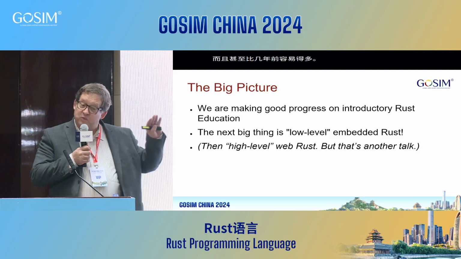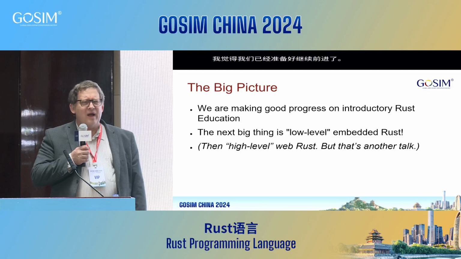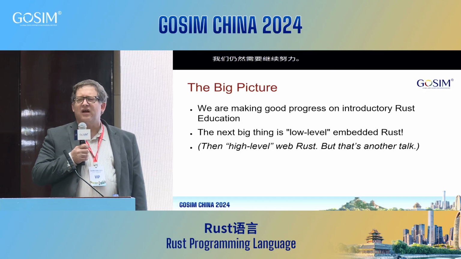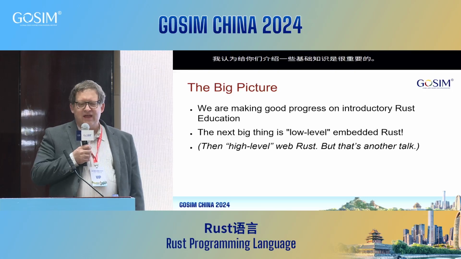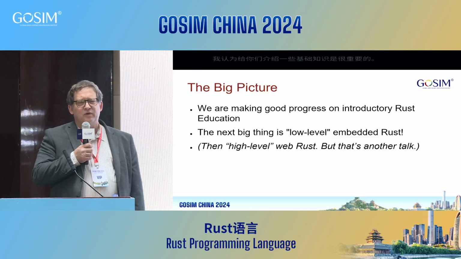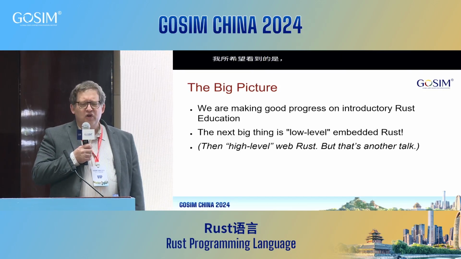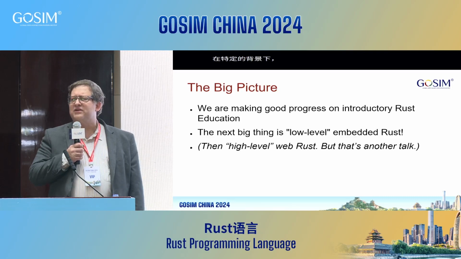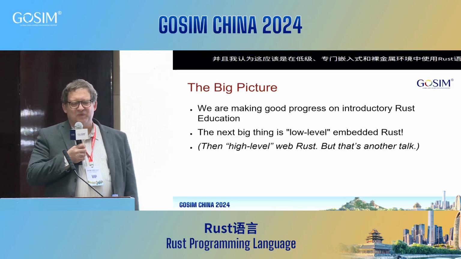We still need to keep working on that. I think it's important to do the introductory stuff, but where I want to see us go is to take on more advanced Rust in a specific context, and I think low level, and specifically embedded or bare metal Rust, is a good next place to develop materials and help universities and other educators teach some Rust stuff.